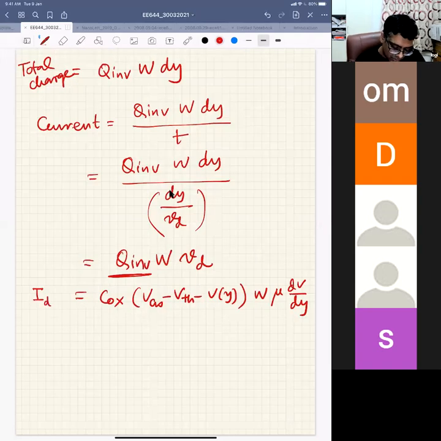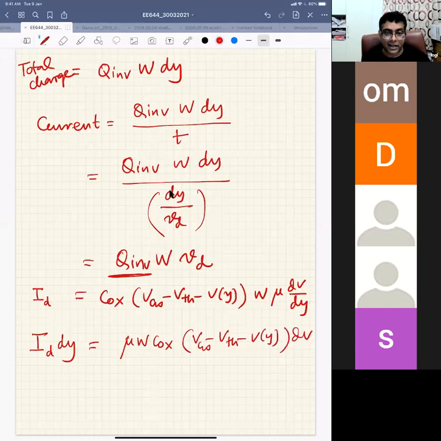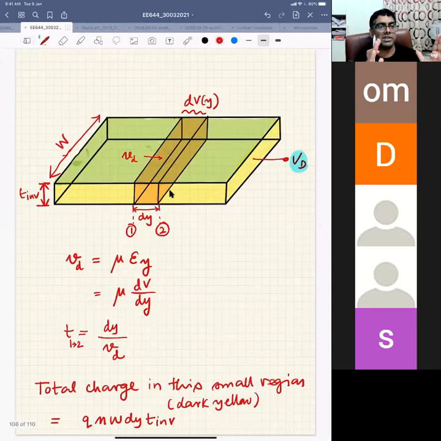So I could also write ID dy equals mu W Cox times (VGS minus VTH minus V) dV. This is the current I am getting from this dy.